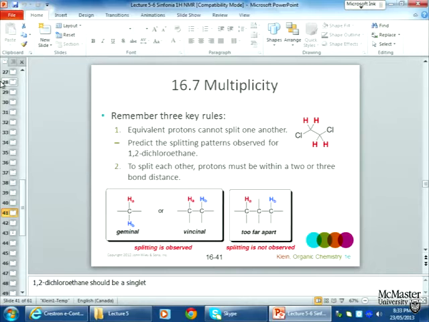2 hydrogens that are 4 bonds apart are generally too far apart to split each other. There are some exceptions to that, but we're not concerned here with exceptions. We're concerned with just learning the basic rules. Okay? So you really are measuring neighbors because you don't see an interaction between a hydrogen on 1 carbon and a hydrogen 2 carbons away.